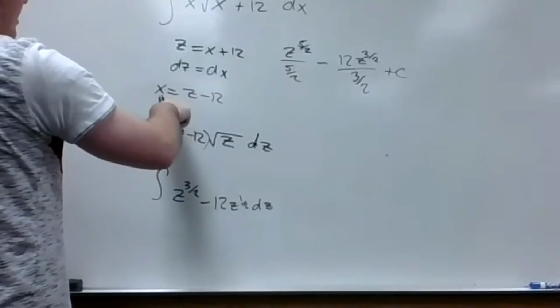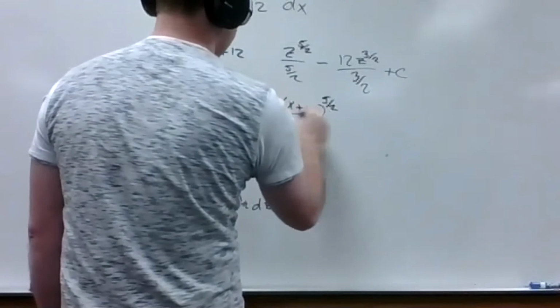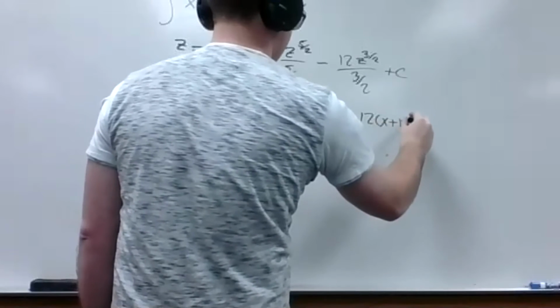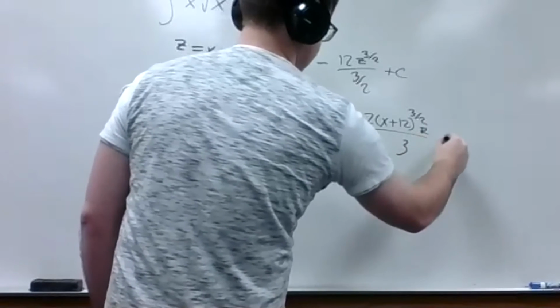So we're going to plug back in our z's. So we have x plus 12 to the 5 halves times 2/5 minus 12 times x plus 12 to the 3 halves times 2/3 plus c.